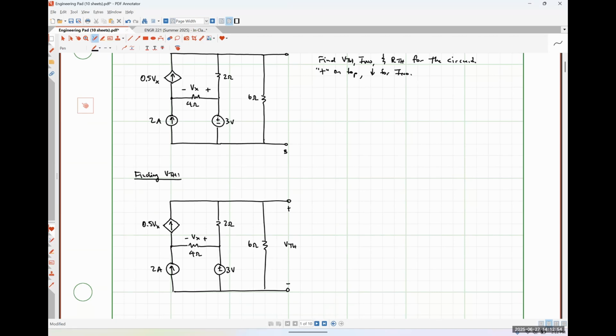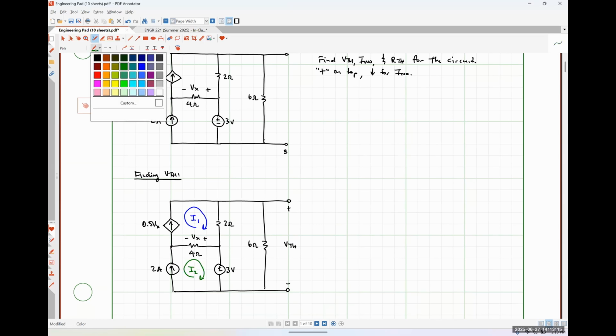So really, we're just going to have 2 current relationship equations to deal with, and then 1 KVL loop. So I would actually probably do mesh here. So let's call this guy mesh current I1. This will be mesh current I2. And this will be mesh current I3.